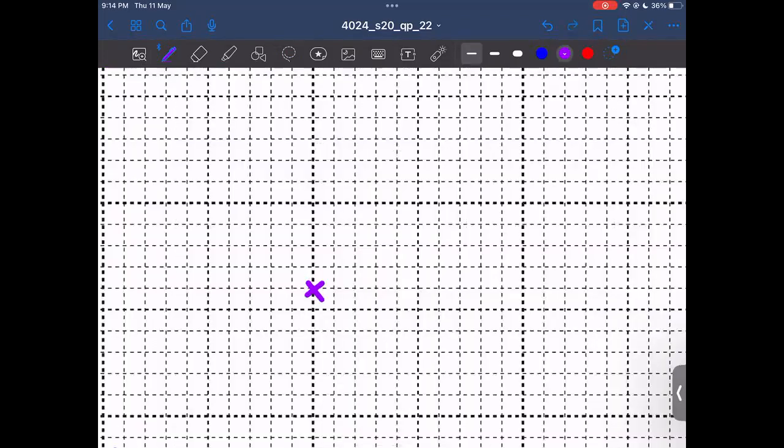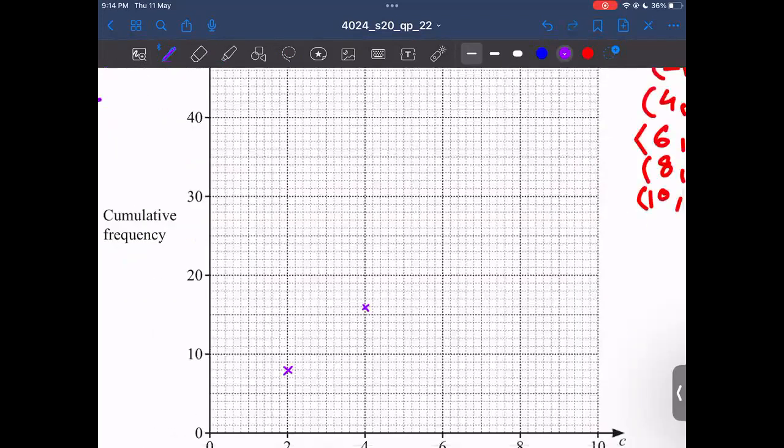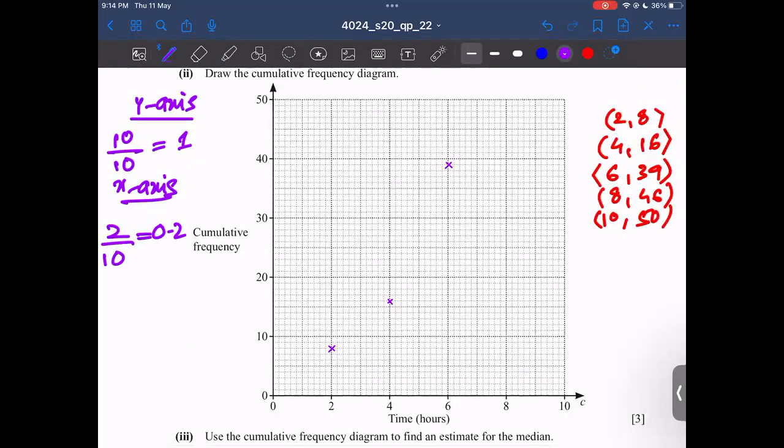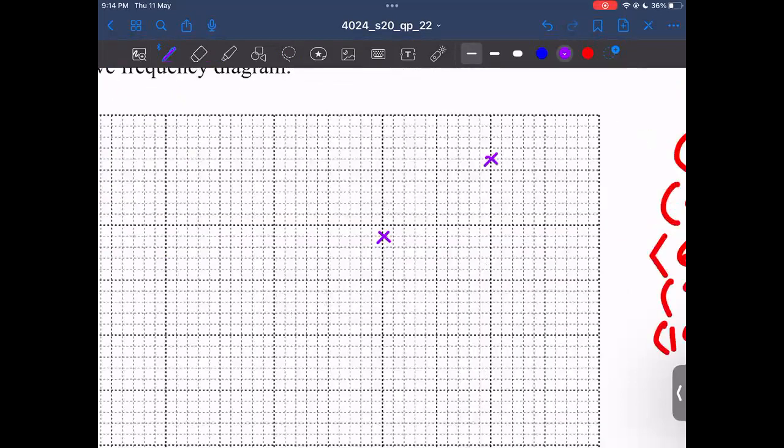All right, then it says 6,39. 6,39 is going to be just 1 box below the 40. Then we have 8,46. Just below the 50, we have 46 here, and then we have 10,50, the very last point.